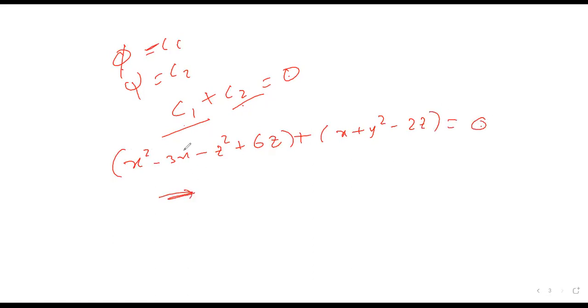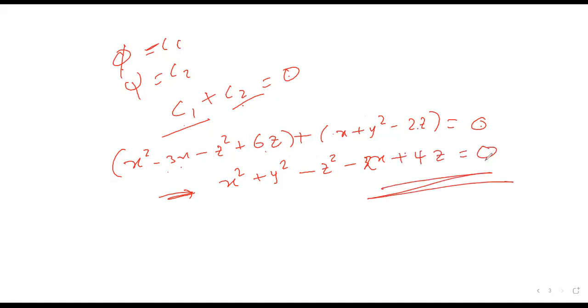Therefore, if you simplify this one, x squared, y squared, minus z squared, minus 3x plus x, this will be minus 2x, and then 6z minus 2z will be 4z. So this is our final integral solution.